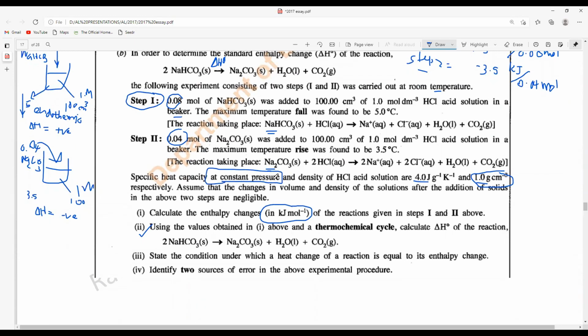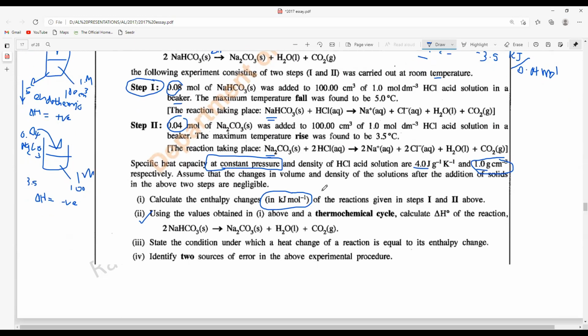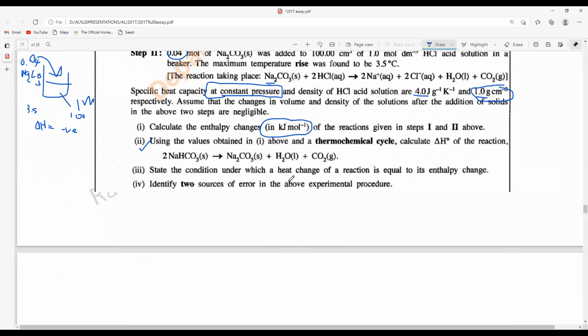See, so heat capacity at constant pressure. So basically, heat energy will be equal to enthalpy at constant pressure. So don't forget that ever. Okay, that is very important.